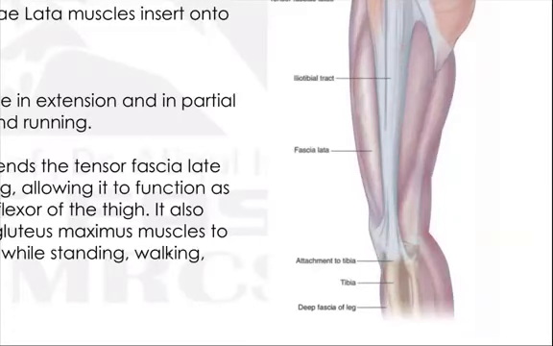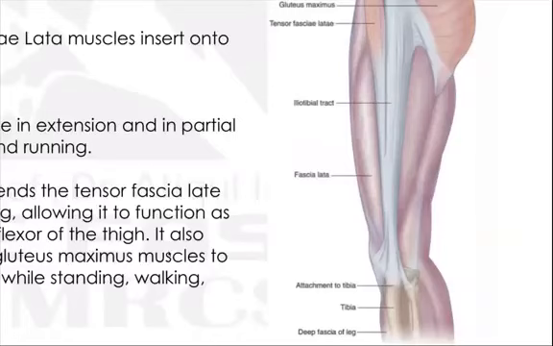And the second function: the tensor fascia lata inserts into the iliotibial tract, right? It is stretching the fibers of the tensor fascia lata down towards the lower thigh and the leg. So what does it mean?